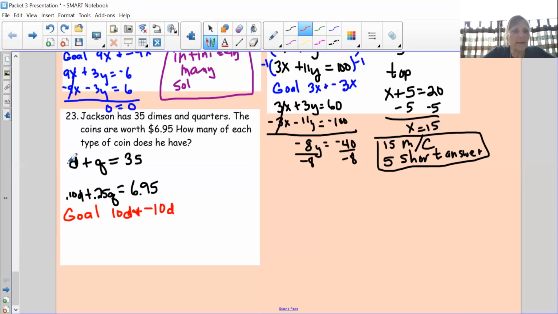So how to make 10D up here? Well, I'm going to multiply by 10. Okay, how do I make positive 10D here? Well, I'm going to have to multiply by 100, first of all, because I got to move that decimal. And I'm also wanting to make it negative. So I'm going to say negative 100.